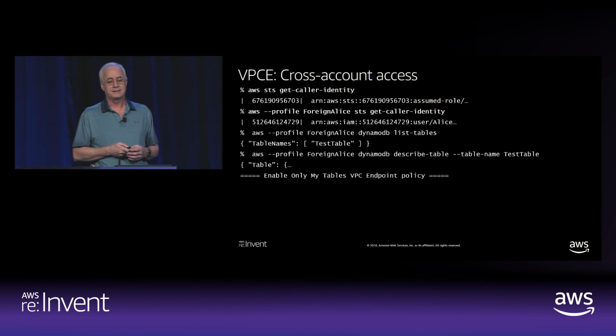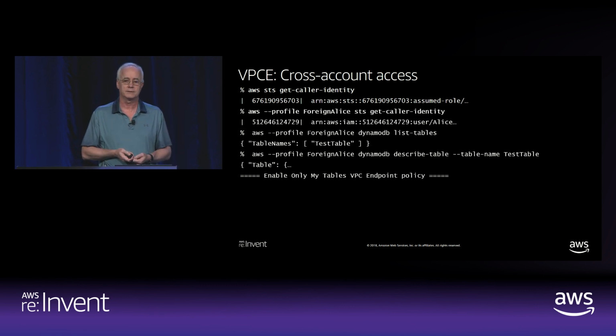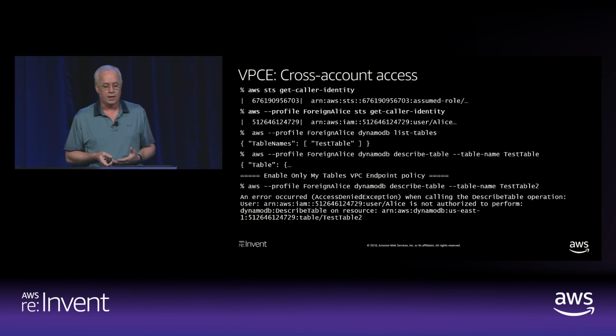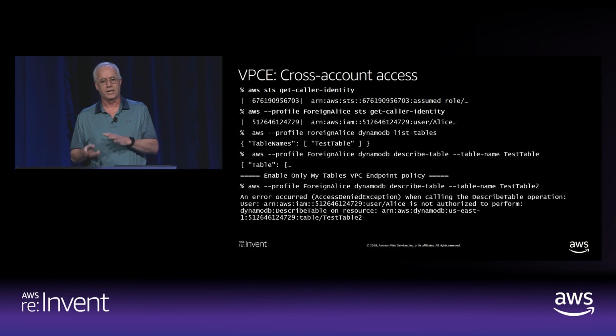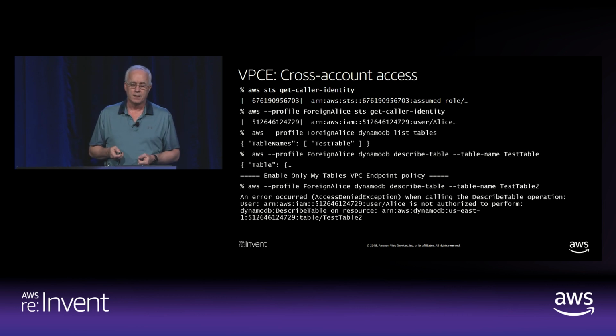If I then turn around and set that endpoint policy I just specified, which limits access to only my account, when she tries to make the same call, she gets a failure in that she's not allowed to access the table, because it's not in my account. So I'm blocking access to the table.